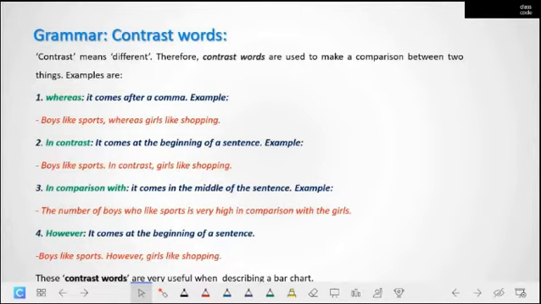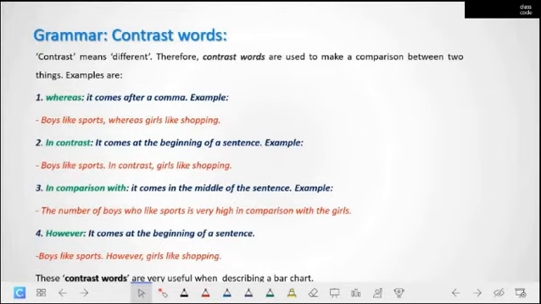But for today's lesson, we're going to use with. So I need you to follow it with. Example, the number of boys who like sports is very high in comparison with the girls.